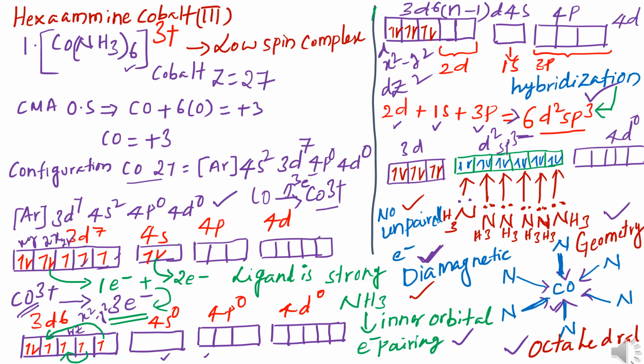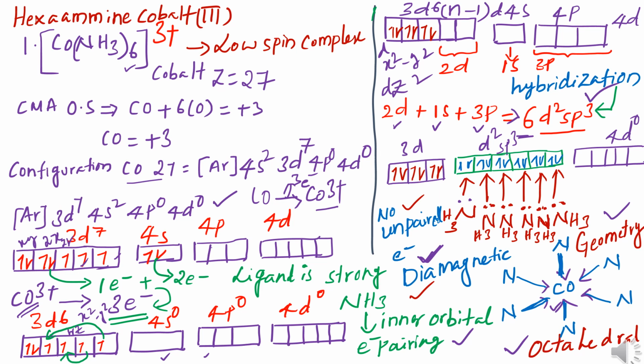Total you will have 6 orbitals which can accommodate all 12 electrons donated by the 6 ligands which are strong in nature and form 6 links with the cobalt present in the coordination sphere, the central metal atom. Like this you can show dative bonds, right? All are dative bonds. You can show like this, arrow mark like this.